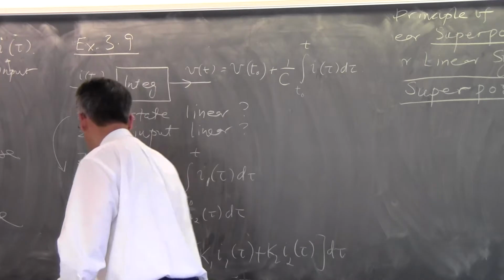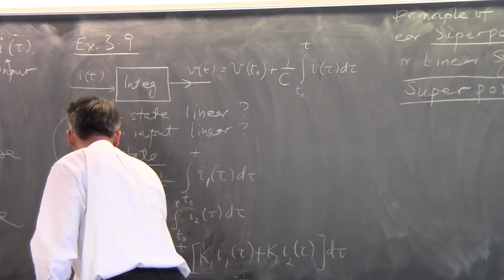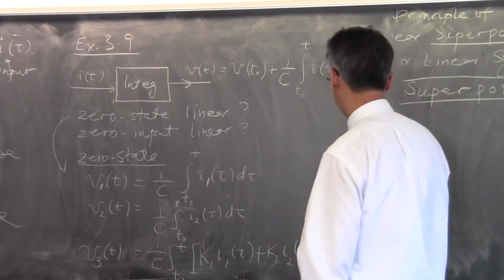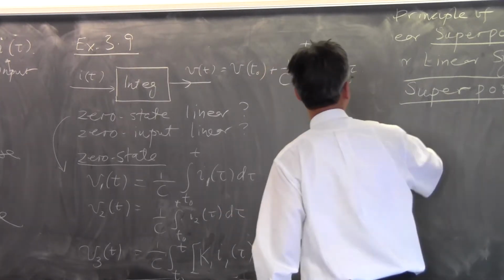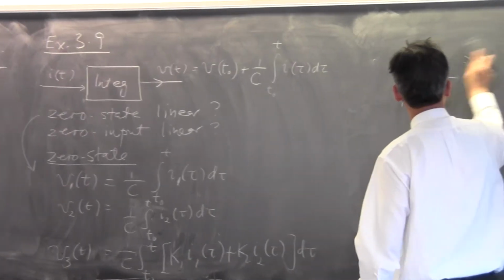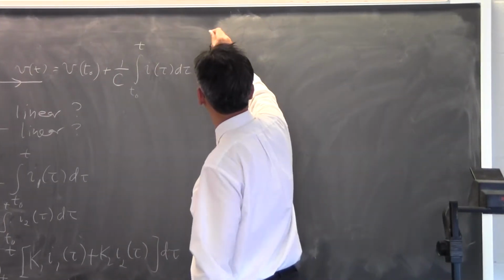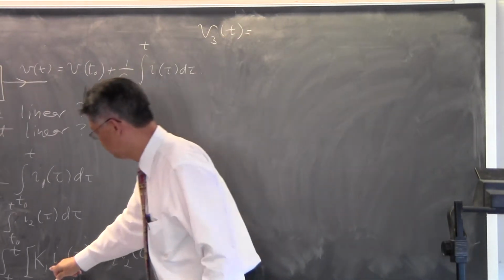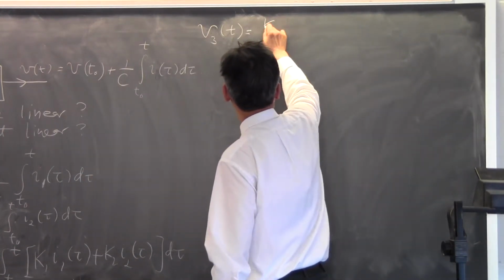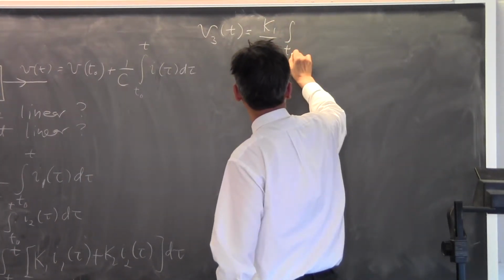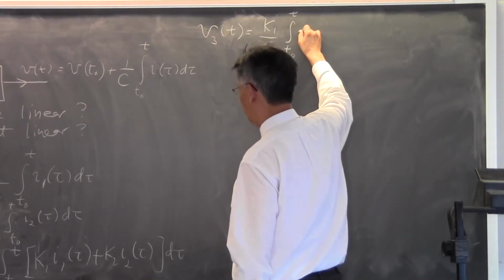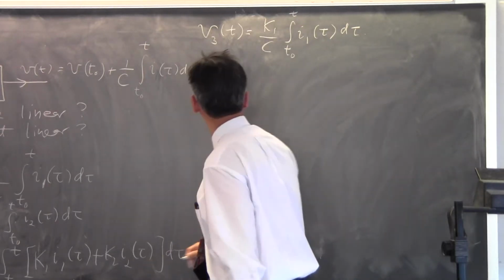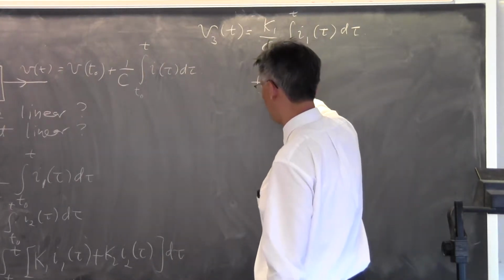What is my output in the third experiment? You can work out what V3(t) should be by just writing out these two integrals separately. Break it into two, and you find that V3(t) is equal to the first one. You take the K1 outside: K1 over C, integral from t0 to t of I1(tau) d tau, which is the first term over here, plus the second term, K2.